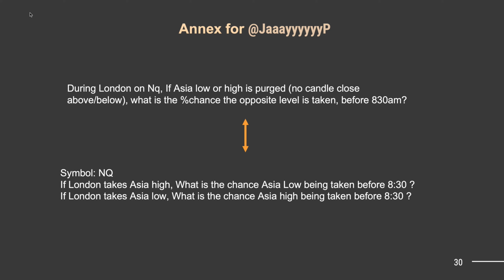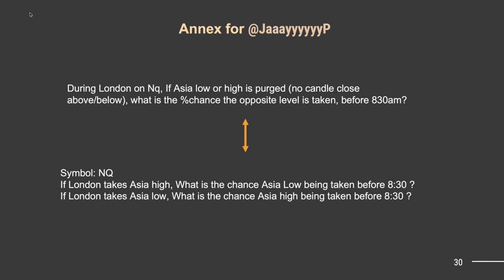The question was, during London on Nasdaq, if Asia low or high is purged, what is the chance the opposite Asia extreme level is taken before 8:30 a.m.? So I translated that for the symbol NQ, the Nasdaq futures. If London takes Asia high, what is the chance Asia low is taken before 8:30?